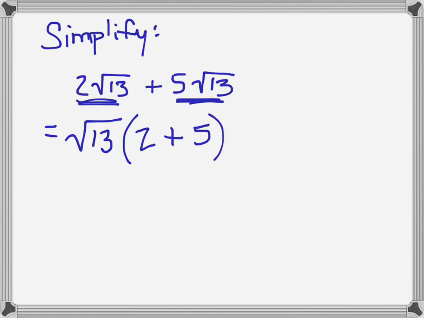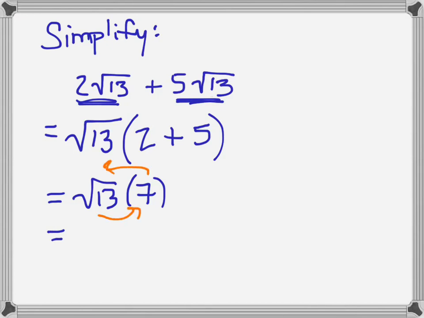Alright. Now I know 2 plus 5 is 7. And then the commutative property tells me that I can switch the order of these two things and write this as 7 times square root of 13. And we do that just so that if you didn't happen to use parentheses, it wouldn't be confusing.